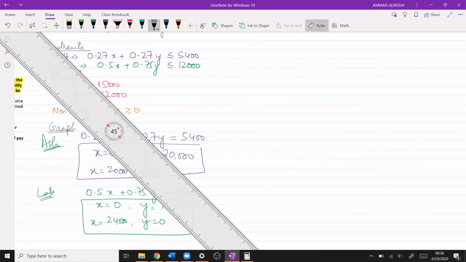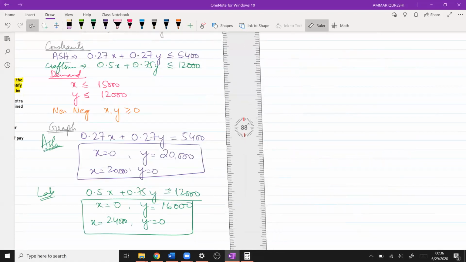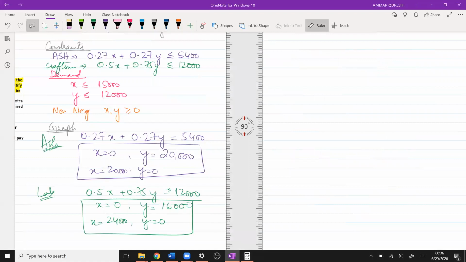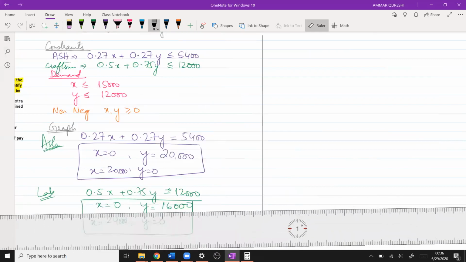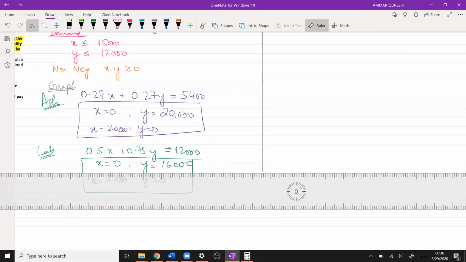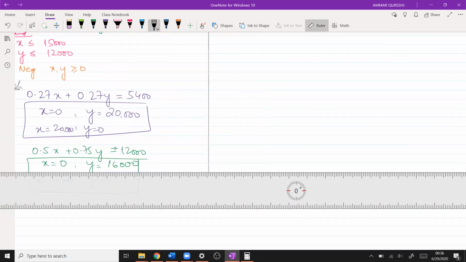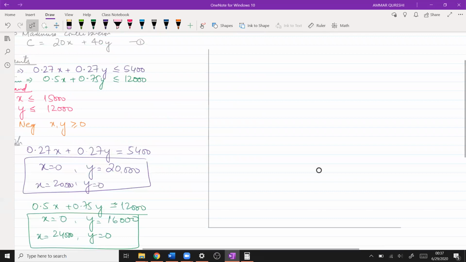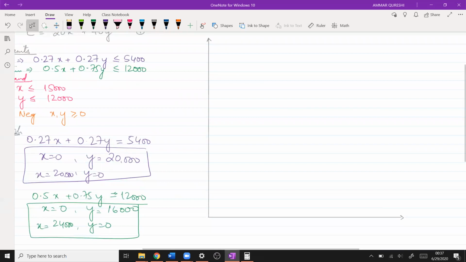So let's just start preparing that graph. It's very important to have a good graph here. So this is the x-axis, and this is the y-axis. We have values up to 24,000, so let's have a gap of 4,000.